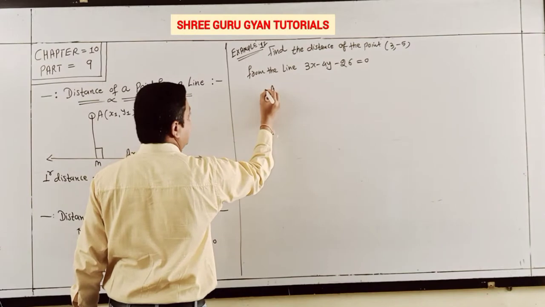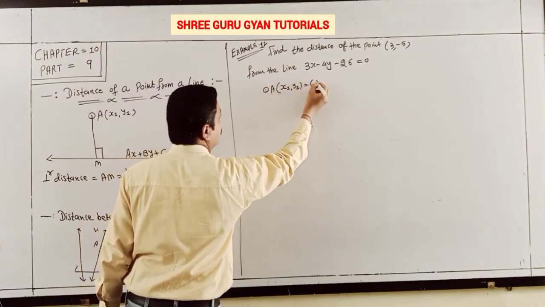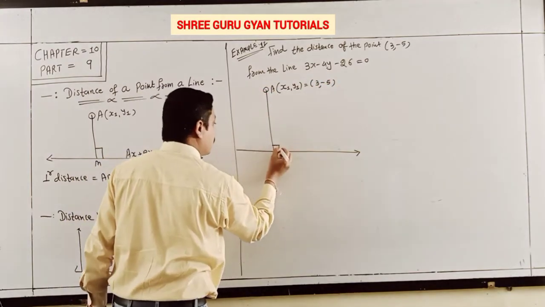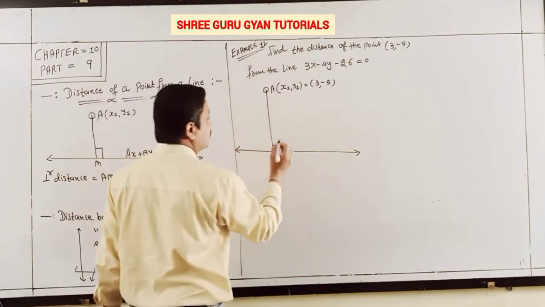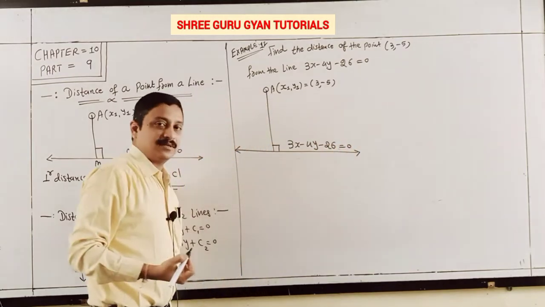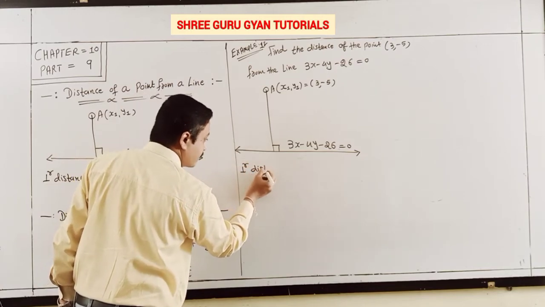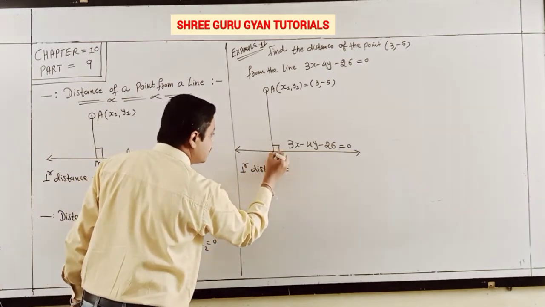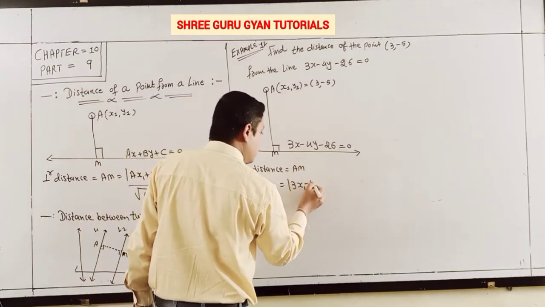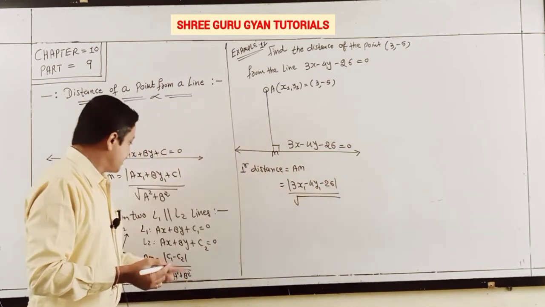Here consider your point A, x1 y1, which is 3 comma minus 5, and you draw the perpendicular to the line 3x minus 4y minus 26. Therefore the perpendicular distance AM is modulus of 3x1 minus 4y1 minus 26 by under root a square plus b square.